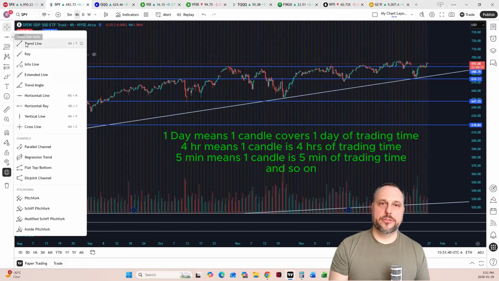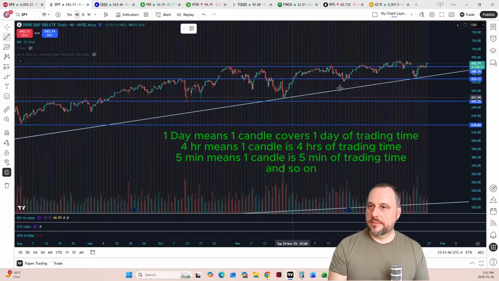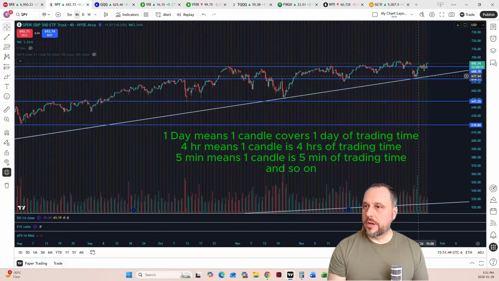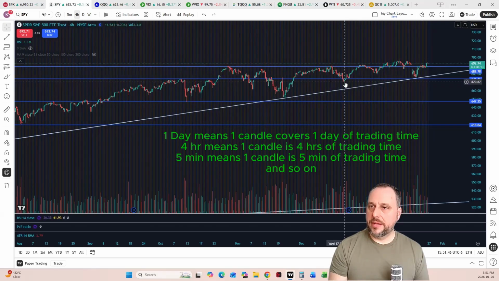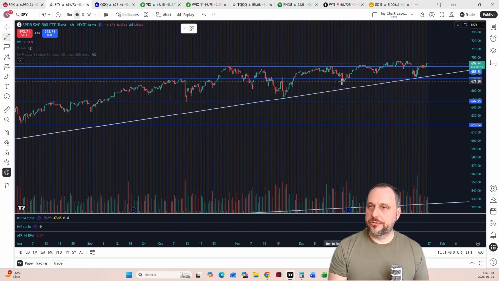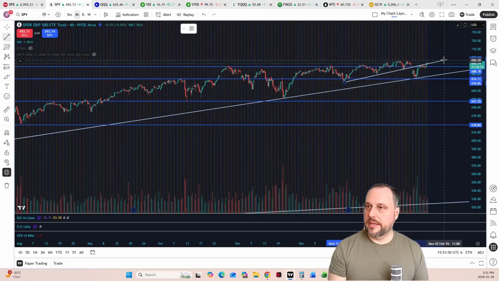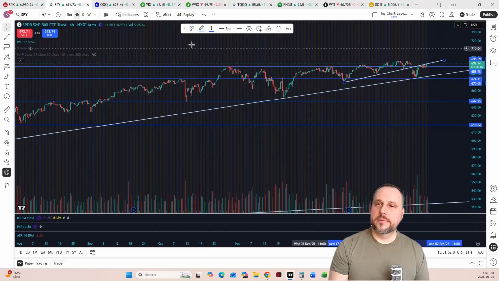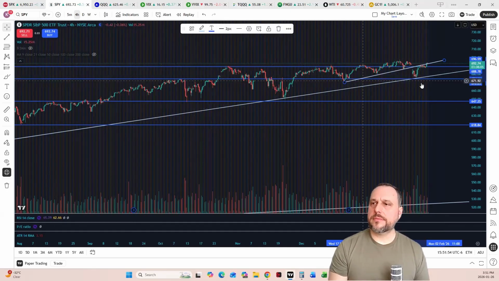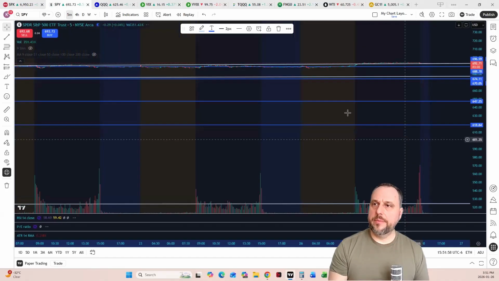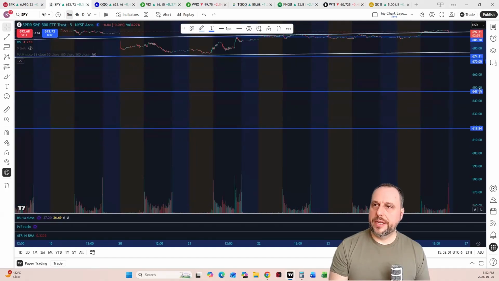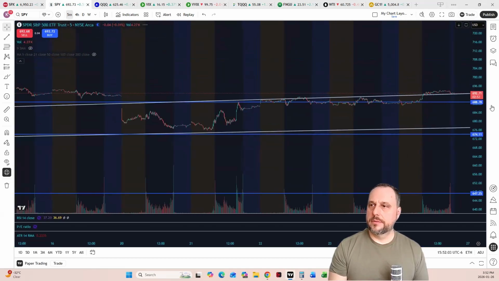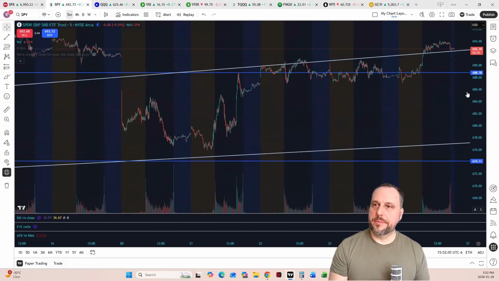I'm going to go back to a trend line. There's not really a trend in here. There might have been a bit of a trend in here. And then you go down to a 5 minute time frame where you're probably more trading off of, and you look for something else.